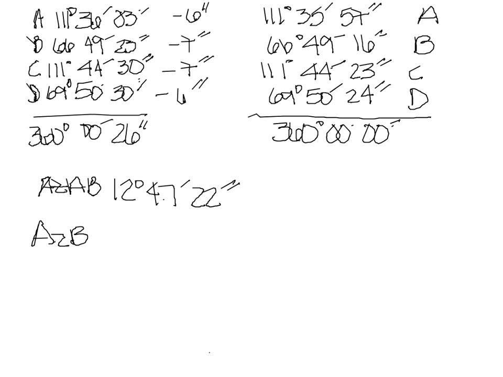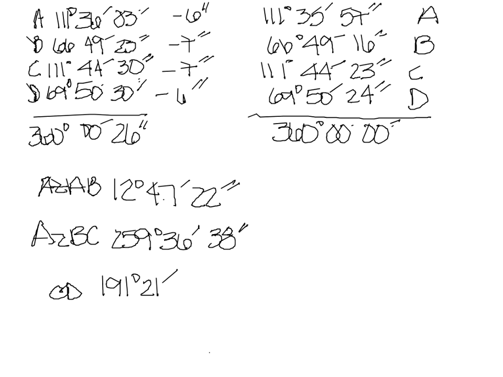B to C is 259 degrees, 36, 38. We need C to D, 191, 21, 1 second. And we need the azimuth of D to A, 81 degrees, 11 minutes, 25 seconds.